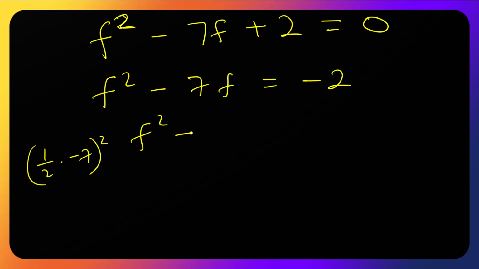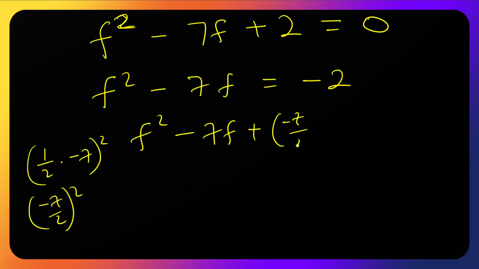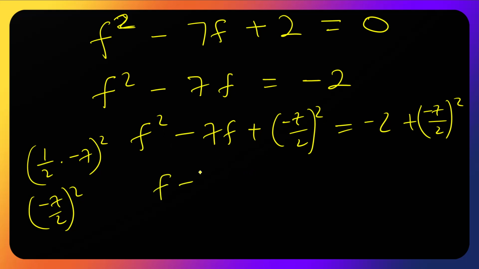So we have f squared minus 7f plus minus 7 on 2 all squared. We add it to both sides of the equation. Okay, so from here, f minus 7 on 2 all squared is the same as this.